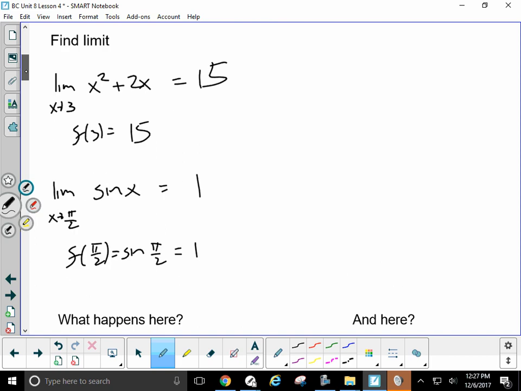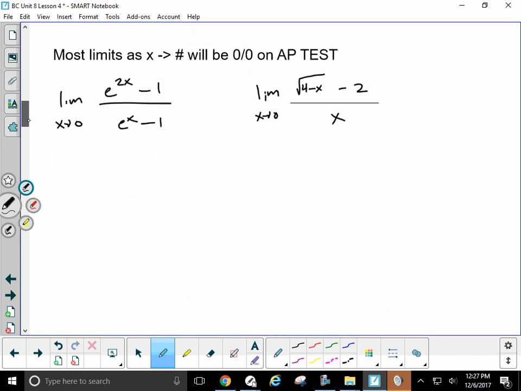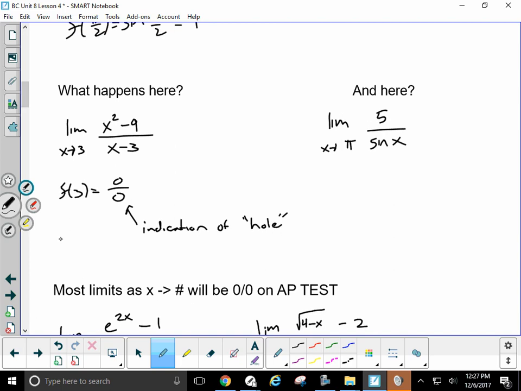And we remember that for holes, our limits exist. Here at the location of this hole, the limit exists and is equal to 2. Here the limit exists and is equal to 5, right? So for this one, the limit exists, and this is going to equal a number, but I don't know what it is because I can't just plug in the function value.